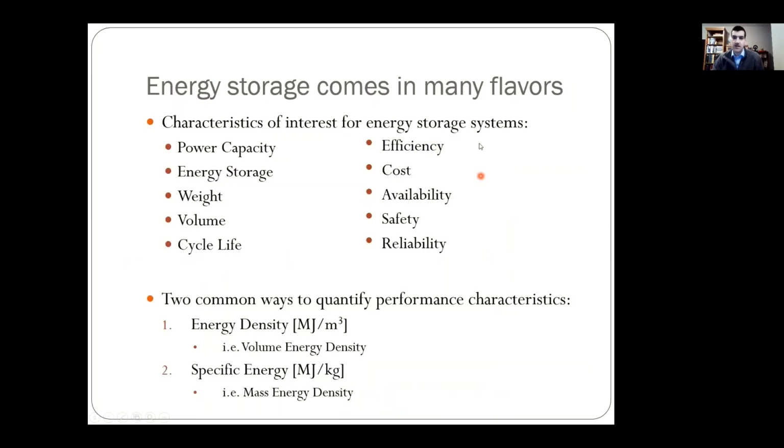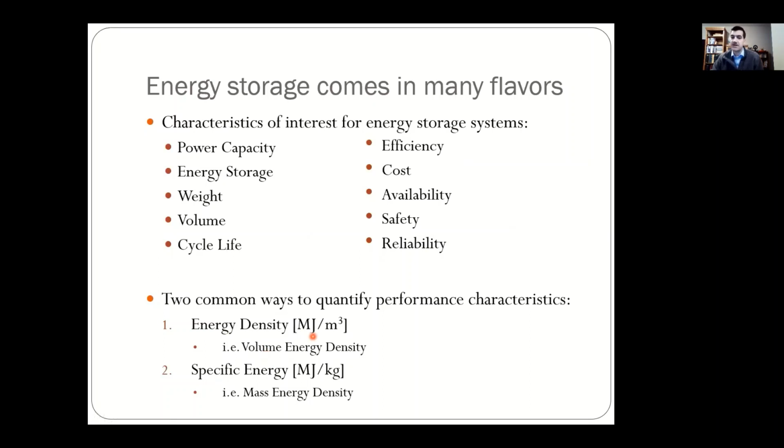So these are all parameters that we should care about if we're thinking about energy storage systems. And two of the most common ways that we measure the performance of energy storage systems are with energy density. A reminder that energy density deals with the volume of the energy storage device.